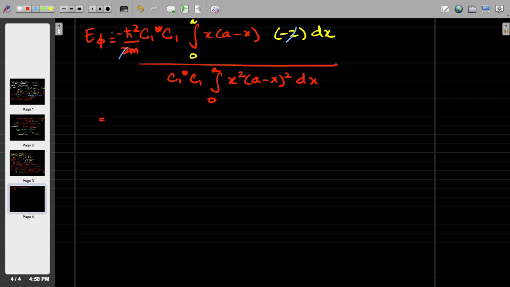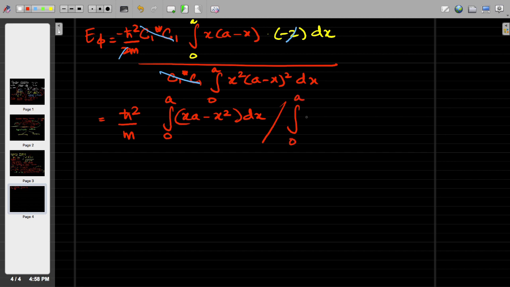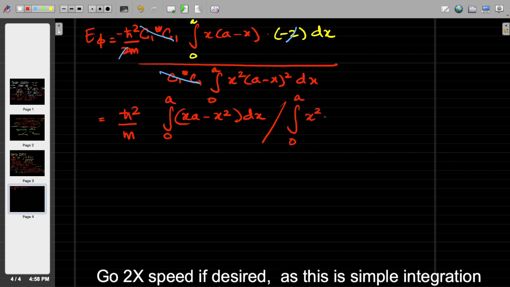The minus term ends up being plus h cross square, and you are also able to see that this term also ends up cancelling by itself, divided by m, and you have an integral x into a minus x square dx in the numerator between 0 and a, divided by the integral 0 to a x square a square plus x power 4 minus 2a x cube.